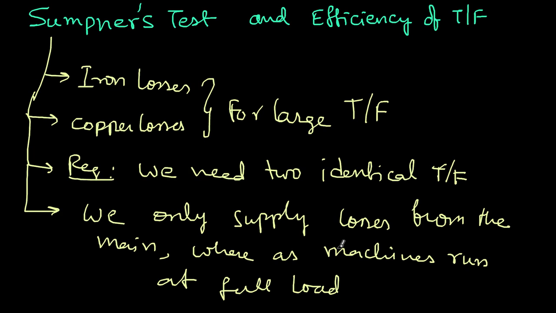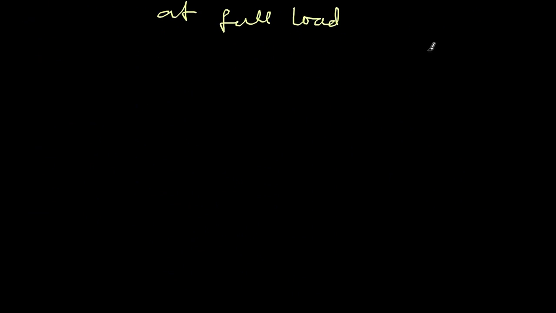But here the trick is that there are two transformers. One transformer will be the load on the second transformer, and in turn the second transformer will be the load on the first. Both transformers are loading each other, so power is not wasted, and the only power wasted is the losses that are supplied from the supply. To understand better, let's draw the circuit diagram, and then you will see how it works.